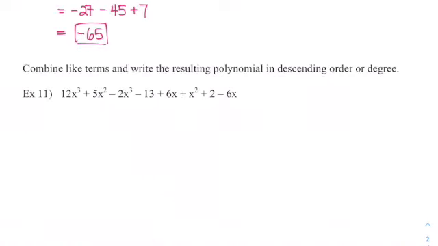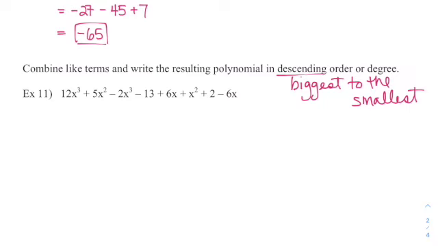Okay. Combine like terms and write the resulting polynomial in descending order. That means from the biggest to the smallest. Okay, so that's descending. So in this case, I'm going to combine like terms.